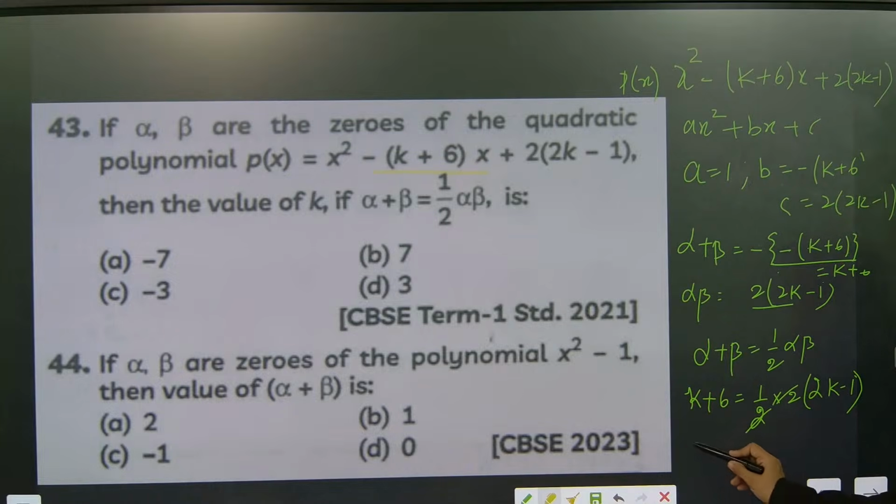So here it will come k plus 6 equal to k minus 1. Can I shift this 2k this side? So 6 plus 1 is equal to k. 7.